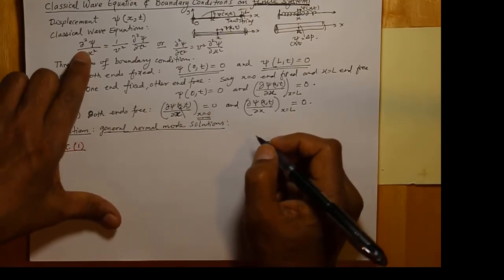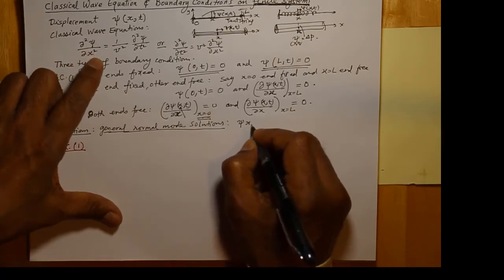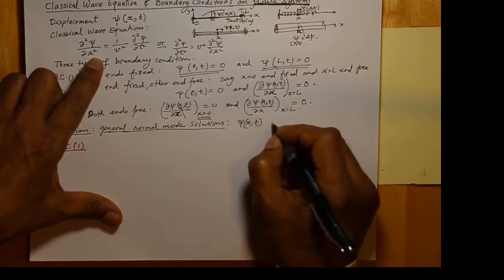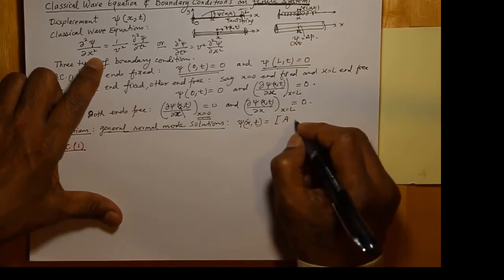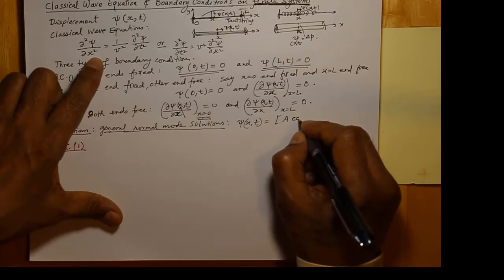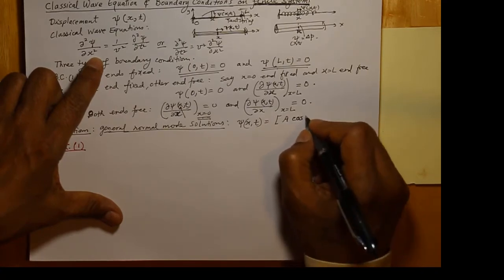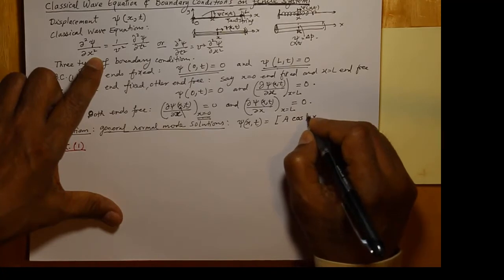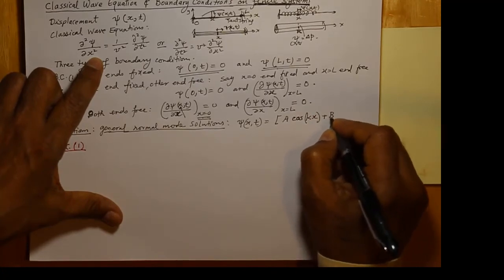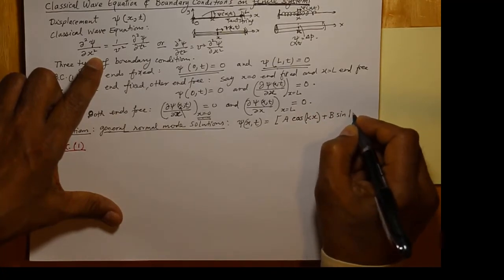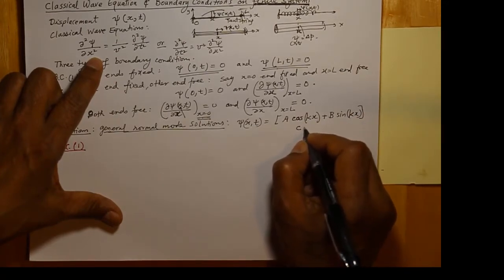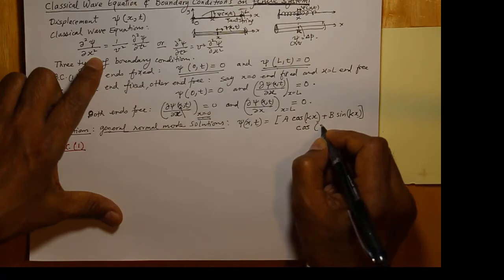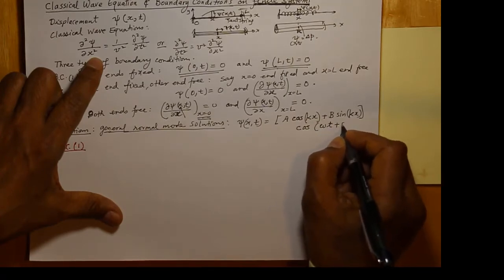It looks like psi of x, t is going to be some kind of a cosine kx plus b sine kx, times, say, cosine of omega t plus phi.